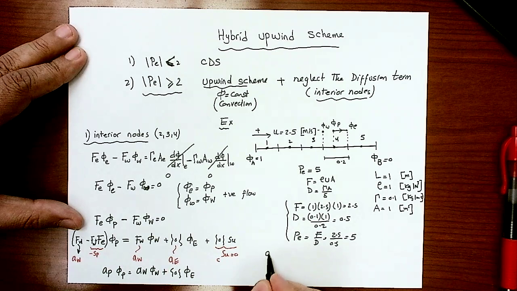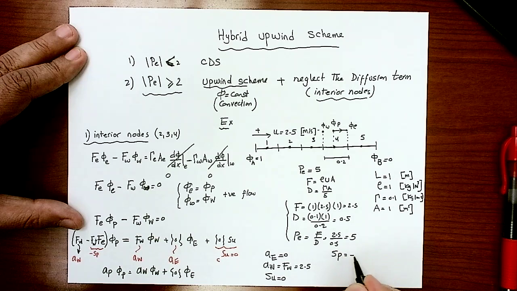What is your A east? A east is equal to 0. What's my A west? A west is equal to F west, and we know that F west is the same as F east, as F. That's going to be 2.5. What about the SU? It is 0. What about the SP? SP is going to be minus F east minus F west, which is going to be 0.